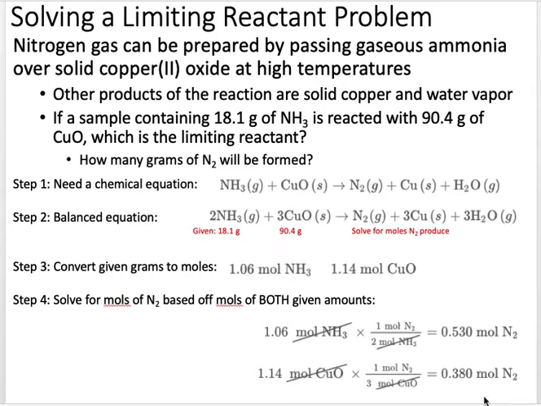This is important. So we know that a limiting reactant limits the amount of product that can be made. So based off of that knowledge and what we got in our calculations, which of these is the correct limiting reactant? The copper 2 oxide or the NH3?